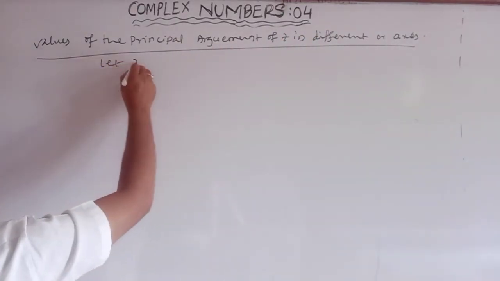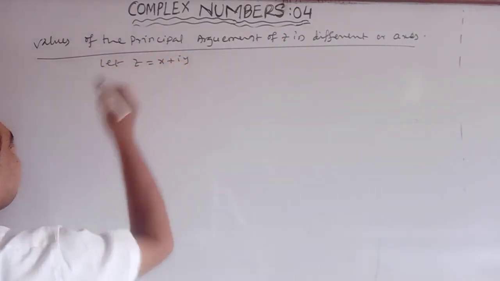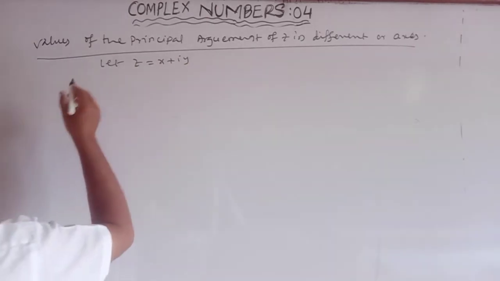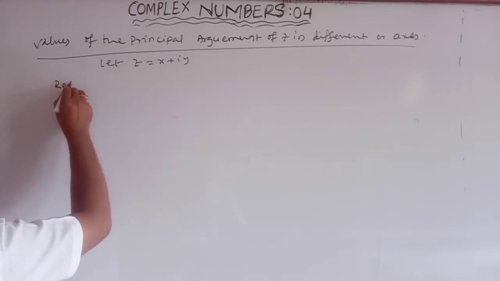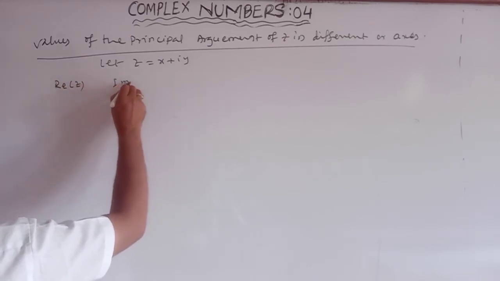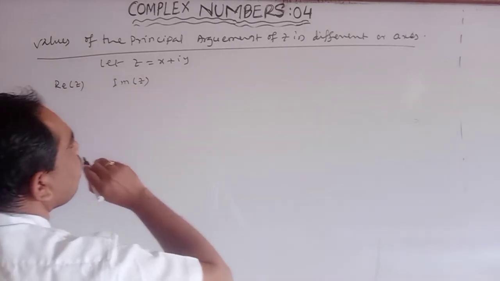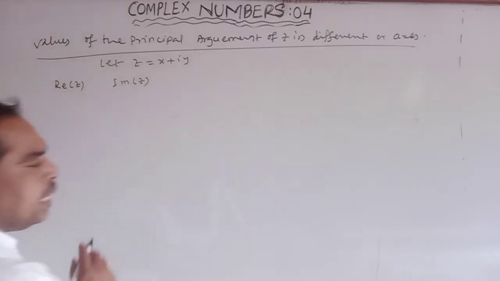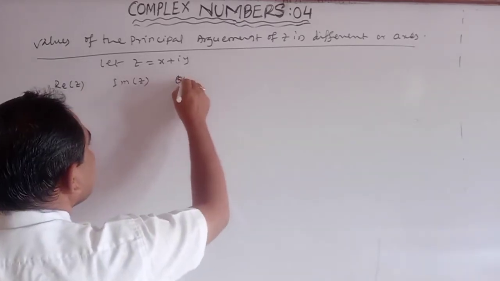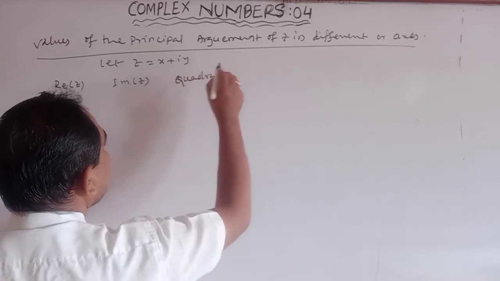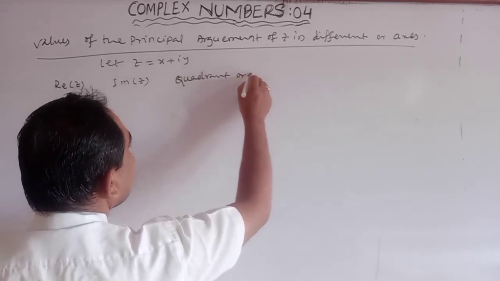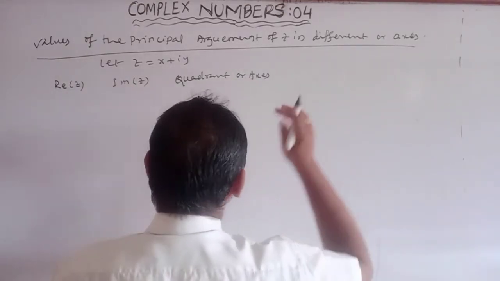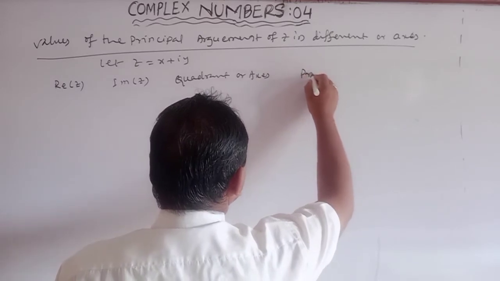Let z is equal to x plus iy. So real z, imaginary z, next quadrant or axis, principal argument.